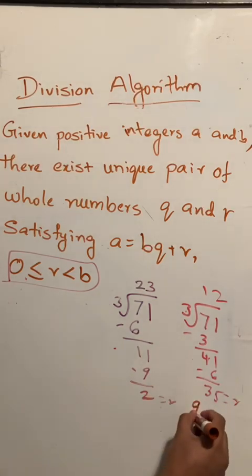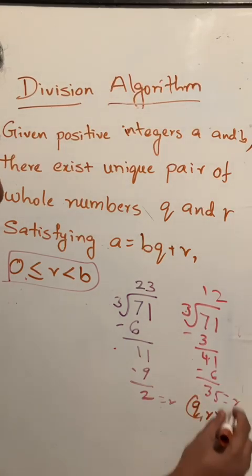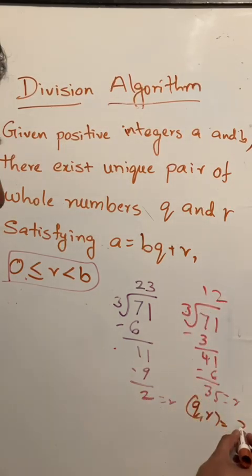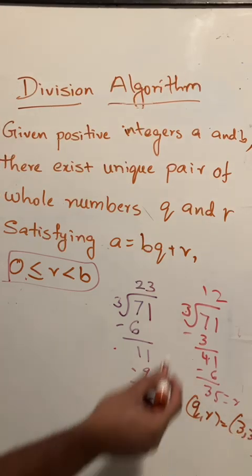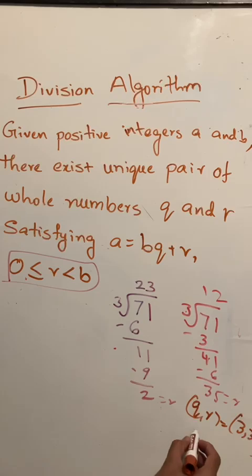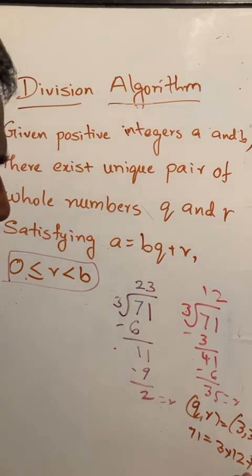Here the q and r pair is 12 and 35. This is a pair satisfying what? Here a equals 71, b is 3, 3 times 12 plus 35.